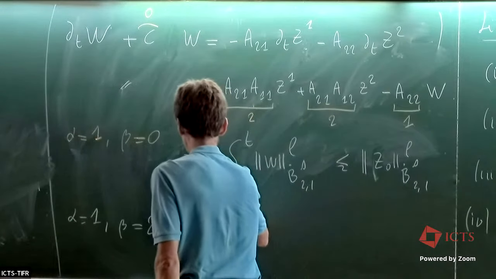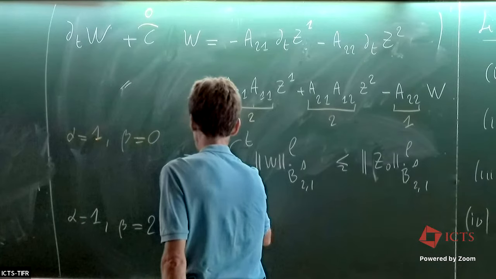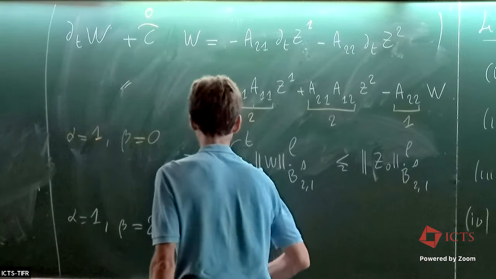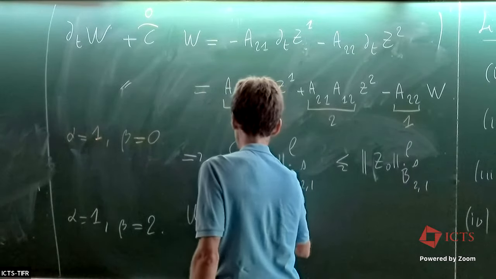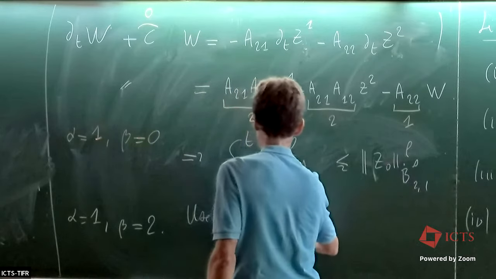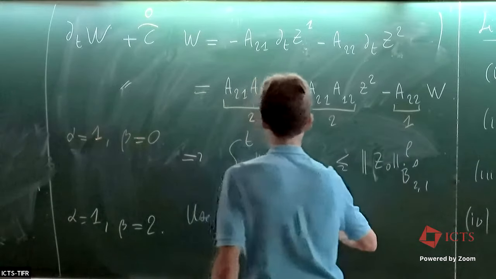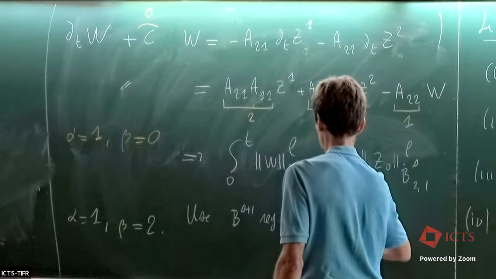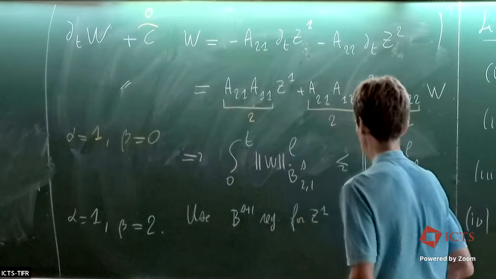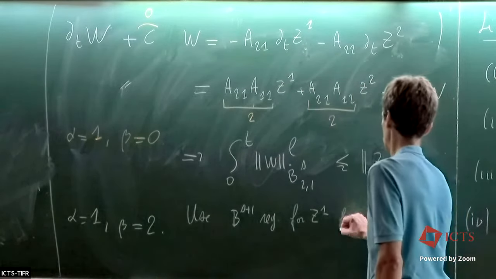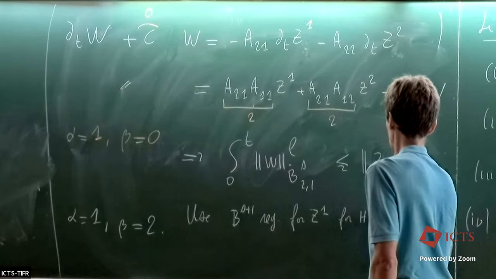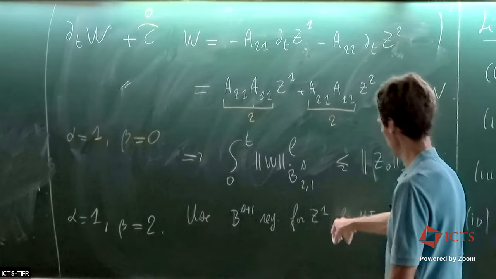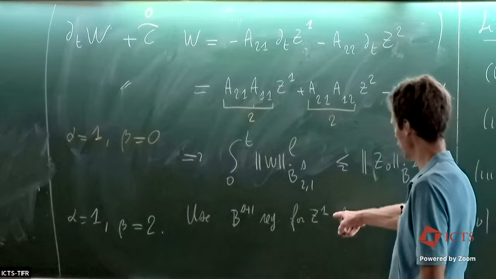I will just explain what you can do, so that it works. You have to use BS plus 1 regularity for Z1, okay, for high frequencies. And provided you do that, then you have to write the equation for Z1.